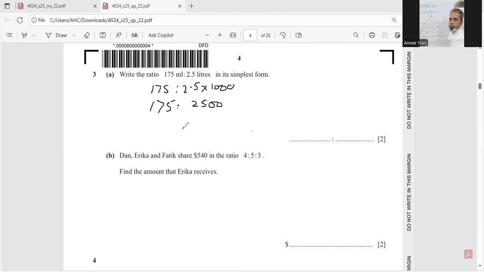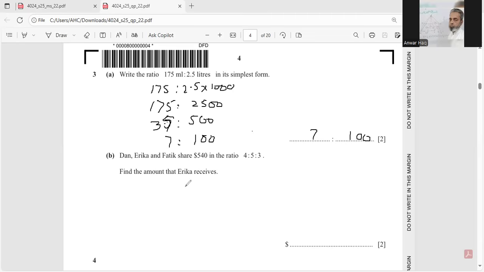After simplification, your answer will be 7 ratio 500, I think. Let's try and see. 5 threes are 15, 5 sevens are 35, 5 fives are 25, 5 twenty-fives are 125. So this is 7 ratio 100. So your answer is 7 ratio 100.